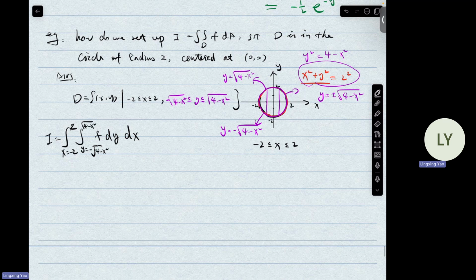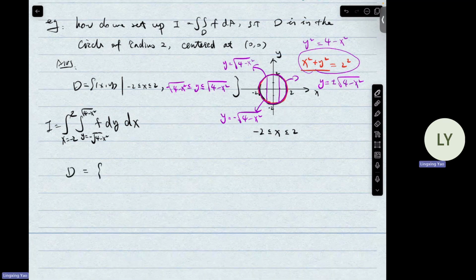The domain D is indeed from here. Indeed, we can write this as x squared plus y squared less than or equal to 4. All right.